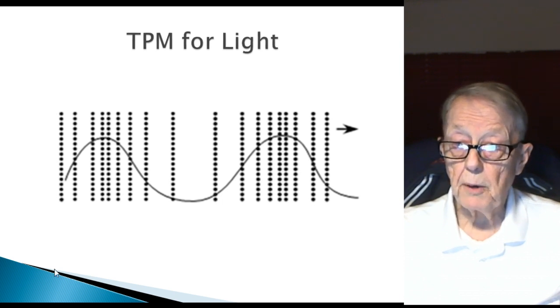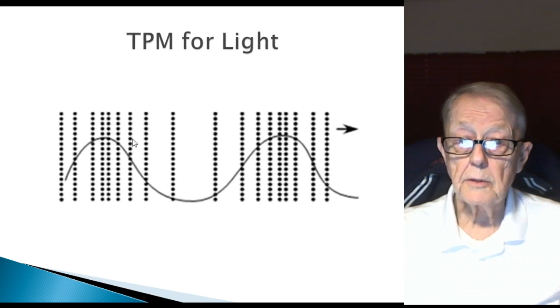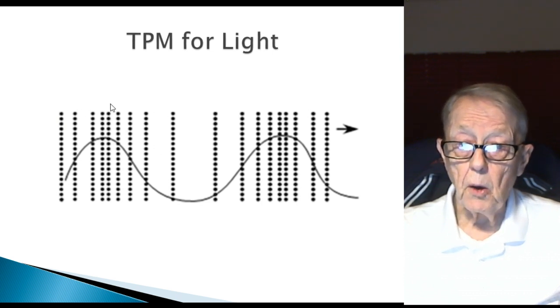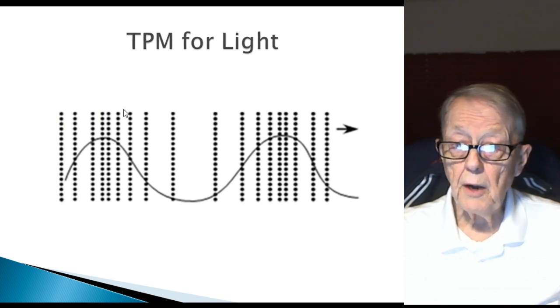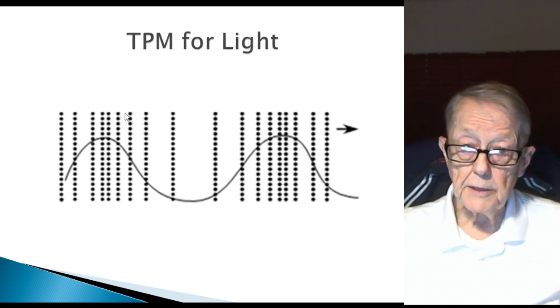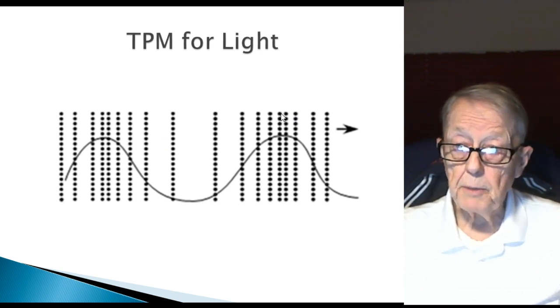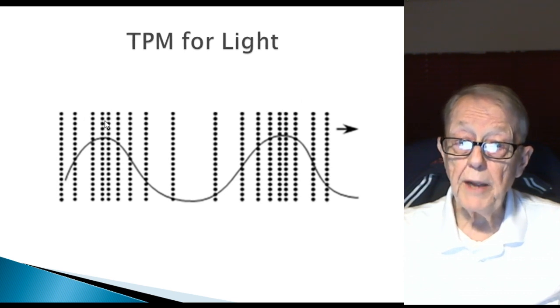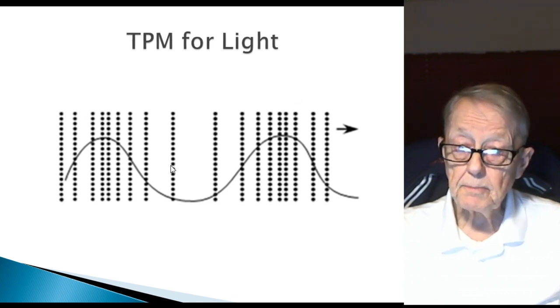These are G2 particles. This is a stream of G2 particles here. There's a whole bunch of them here, very few here, and another bunch here, all moving at speed c in some direction. And it's this bunch here and this bunch here that define the wavelength of the light.